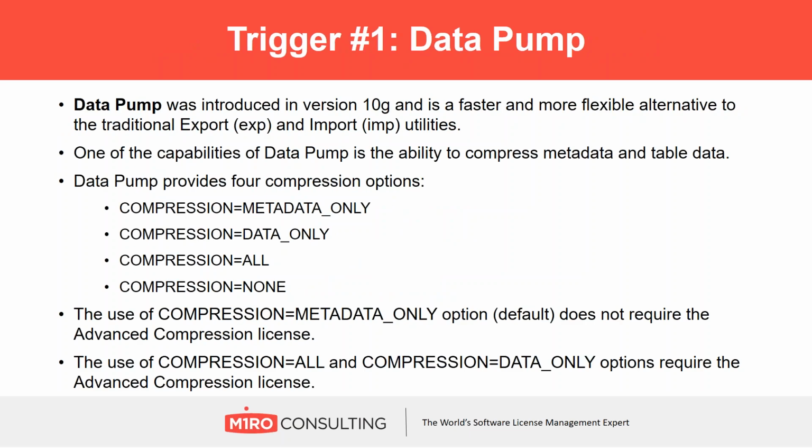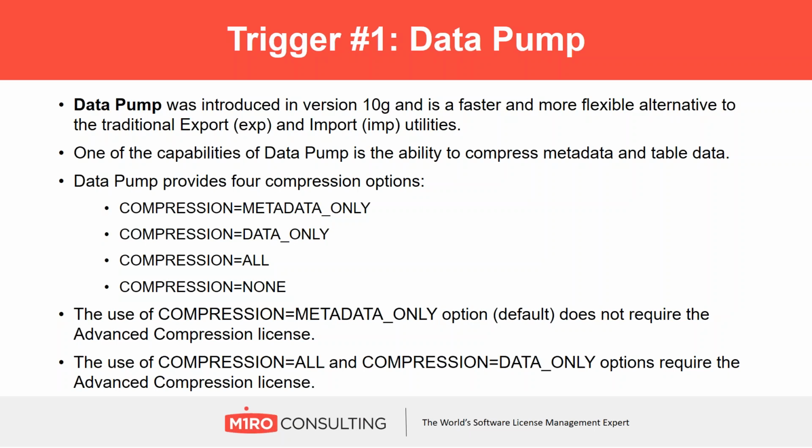So, Data Pump. Just a little background, Data Pump was introduced in Oracle 10g, and it's a faster, more flexible alternative to the traditional export and import utilities that came with the database at the time. One of the capabilities of Data Pump is the ability to compress metadata and table data.